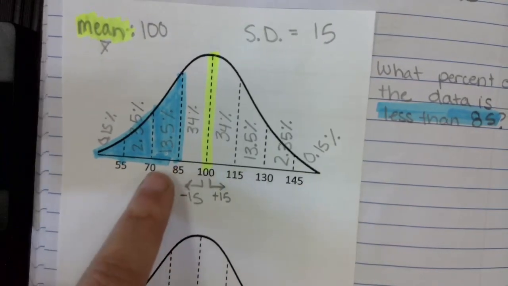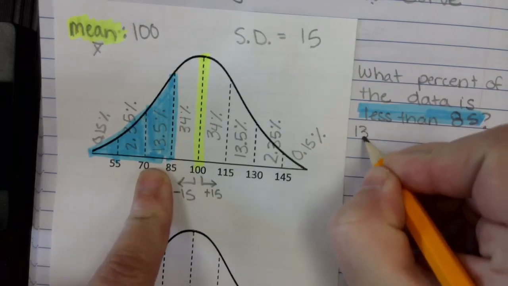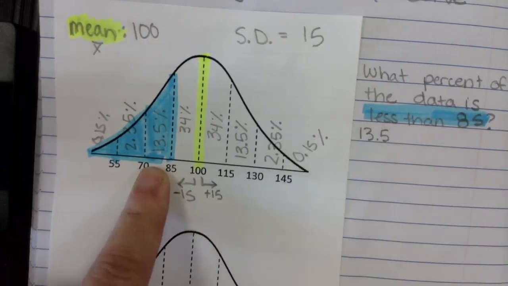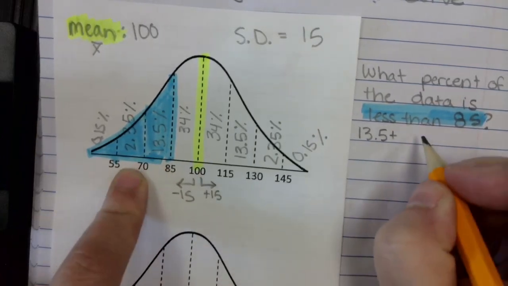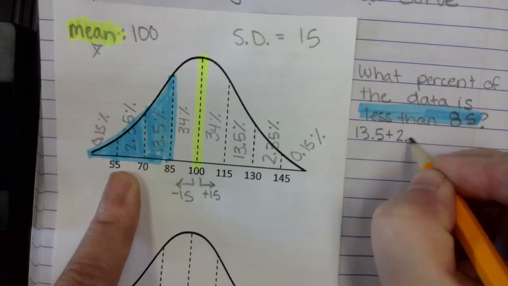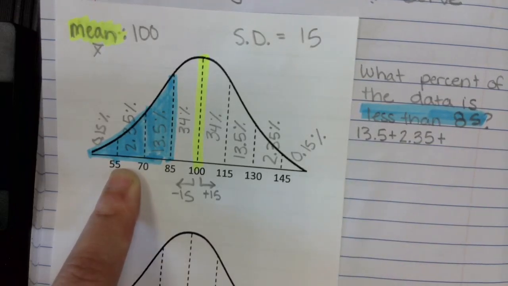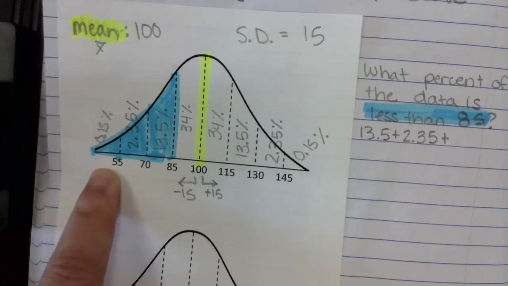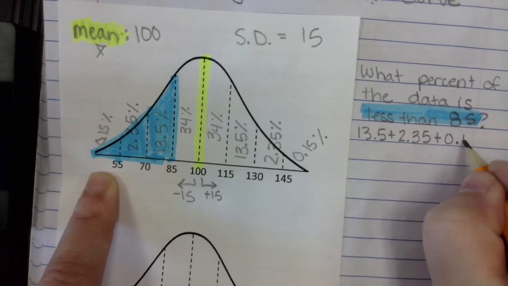And in this first part, between 70 and 85 is 13.5% of our data. I'm going to combine that with the amount between 55 and 70, 2.35. And then I want that spot that's below 55 because all of this is less than 85.